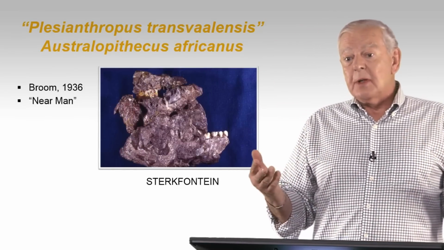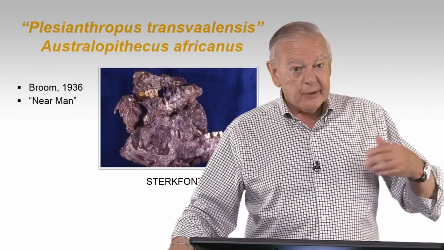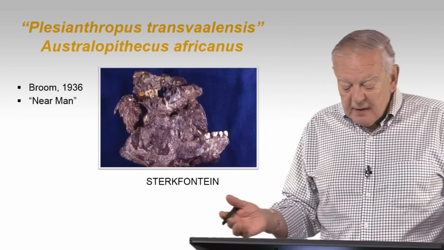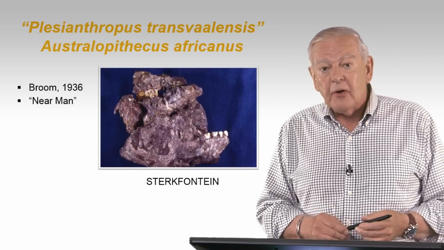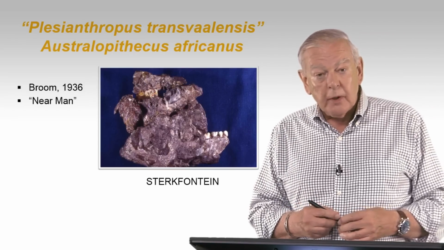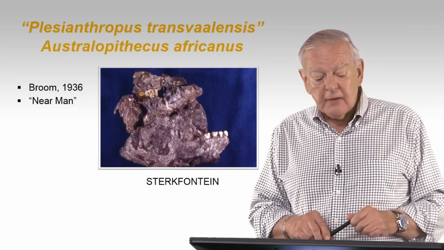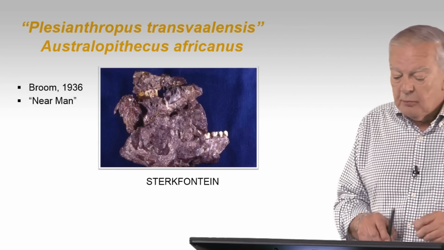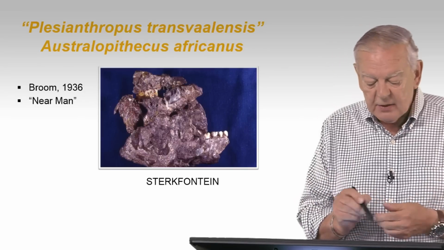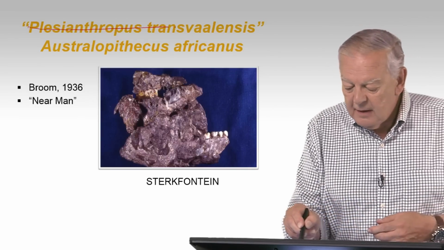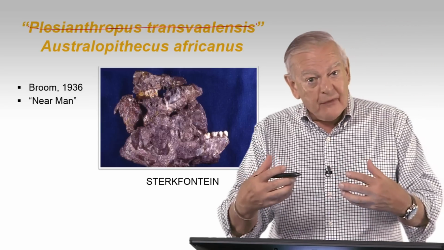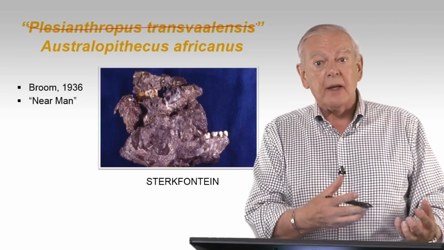Broom had an interesting perspective. He thought virtually everything he found was a new genus and a new species. At Sterkfontein, after the discovery of Taung, where he worked with John Robinson in 1936, he named Plesianthropus transvaalensis. Thought it was a whole new thing. Today, we don't use that name anymore, and we call these fossils from Sterkfontein Australopithecus africanus.